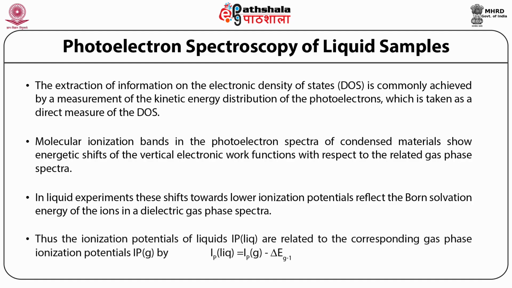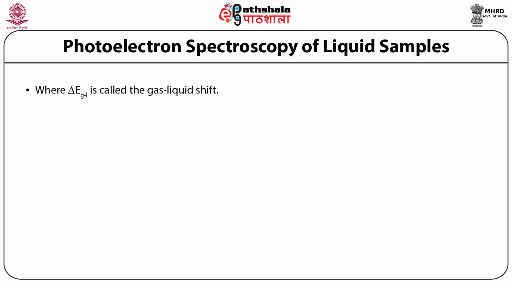Thus, the ionization potentials of liquids, IP liquid, are related to the corresponding gas phase ionization potentials, IP gas, and it is represented by IP liquid is equal to IP gas minus delta E G minus L, where delta E G minus L is called the gas liquid shift. Note that in the literature, delta E G minus L is often called the phase transition shift.